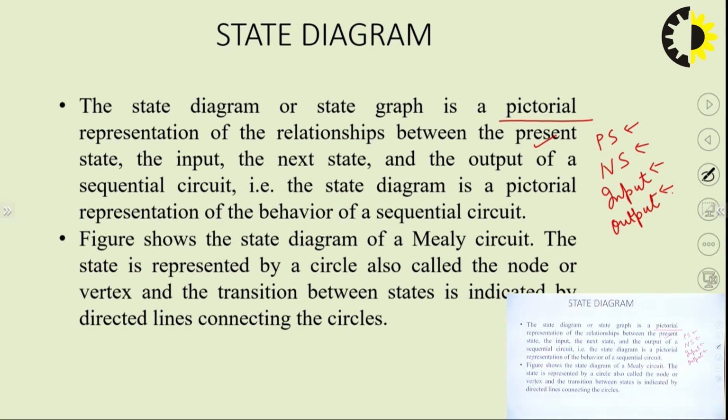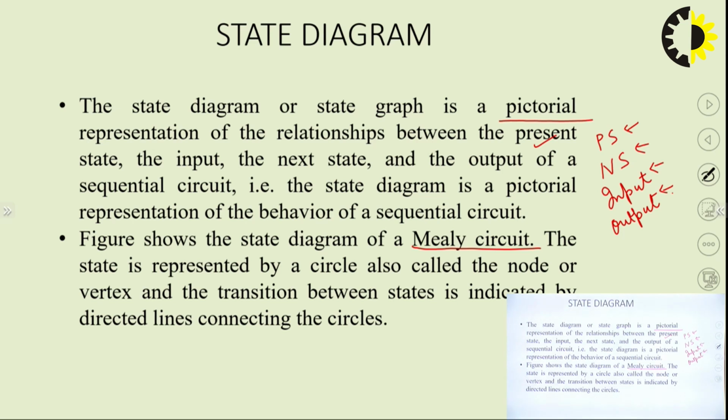Now the figure shows the state diagram of a Mealy circuit, in which the state is represented by a circle. It is also called a node or vertex.